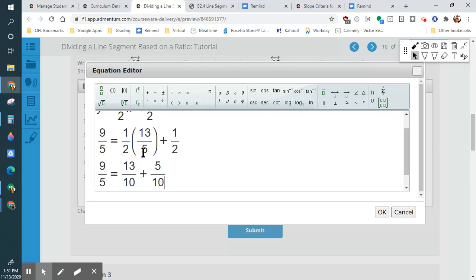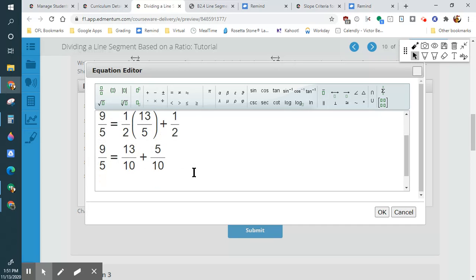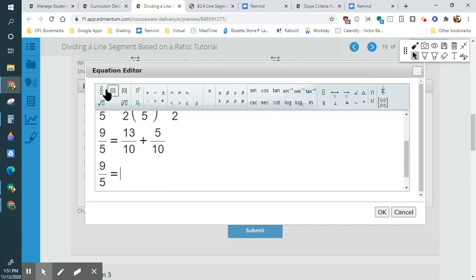We're multiplying the denominator by 5 to make these the same. And 13 plus 5, over 10. So we end up getting 9 over 5 equals, and it's going to look weird, 18 over 10. But as we know, 18 over 10 can be divided by 2 on the numerator and the denominator, so that turns into that. So this is good to go.